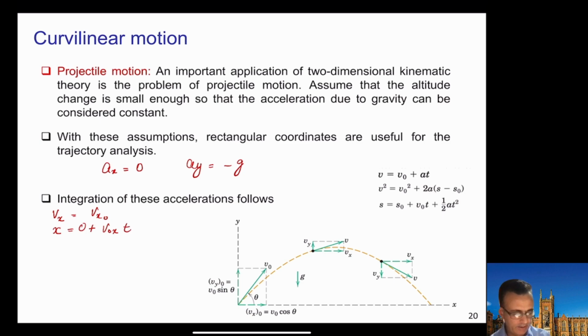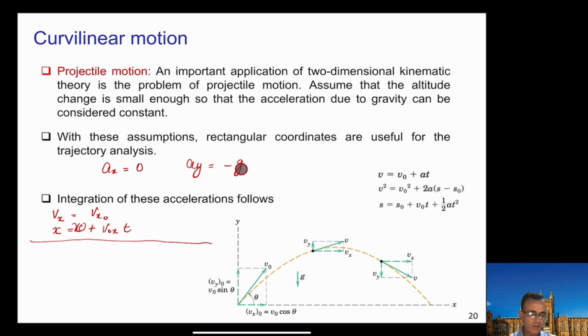And again, if you have some initial displacement or initial range, you can also include that here. So x is equal to x naught plus v naught x t. So from here you can calculate, and because the acceleration is 0 in the x direction, we can just ignore this part here.